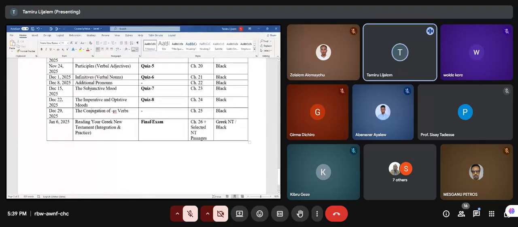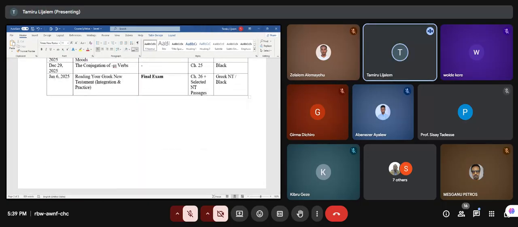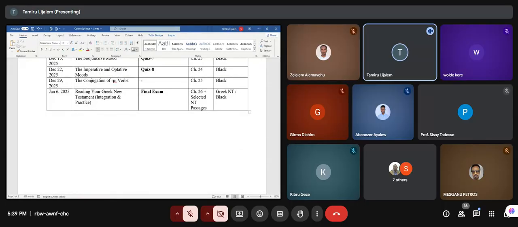Before that, we need to discuss the unique features of Greek verbs. We can start with Greek verbs.